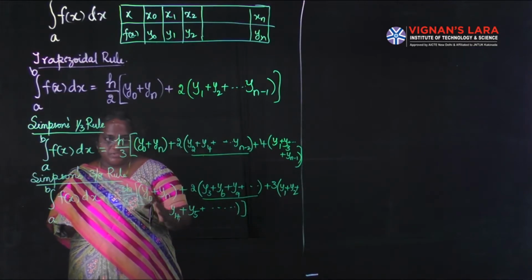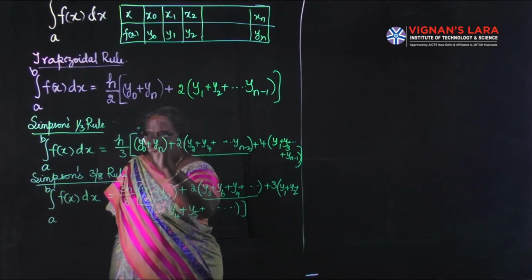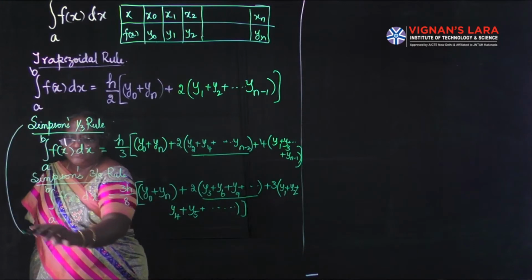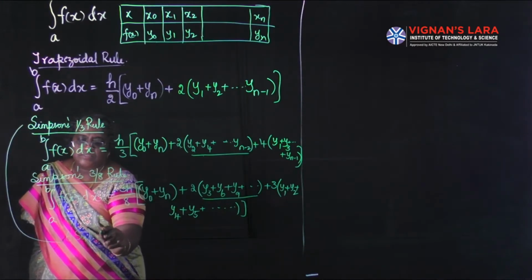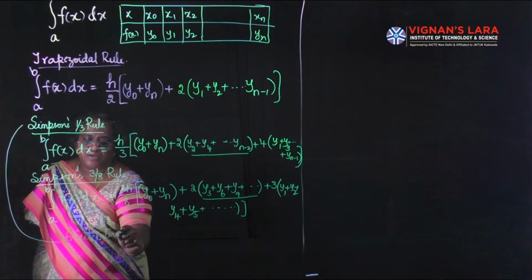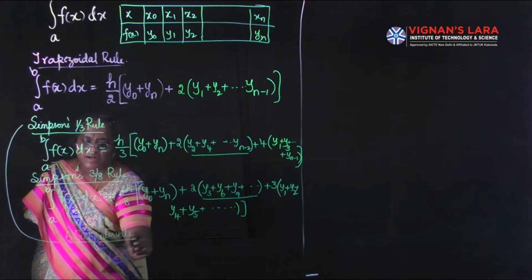Now suppose the number of subintervals in Simpson's 1/3 rule is 6. 6 subintervals means how many values do we get in the table?